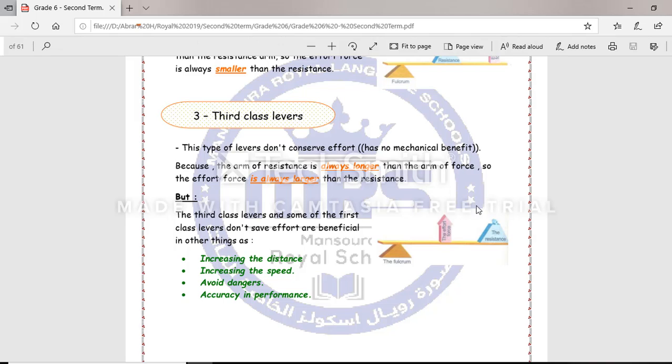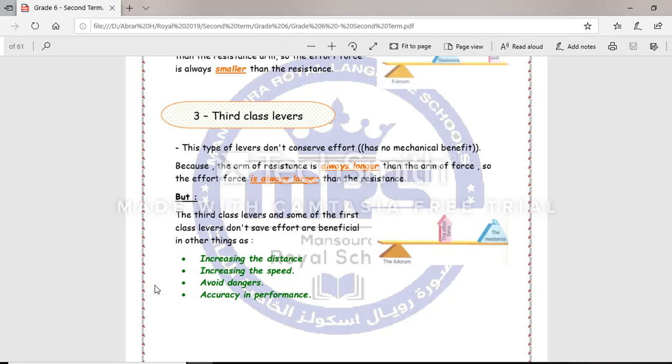The third class lever, and some of the first class levers that do not save effort, are beneficial in other things. Let's remember the importance of levers. We said that it's used to increase speed, increase force, increase distance, avoid dangers, accuracy and performance. We have different importances. If the lever doesn't conserve effort, if the lever doesn't increase force, it can increase speed, it can increase distance, it can avoid danger, it can help me to perform some functions in an accurate way.